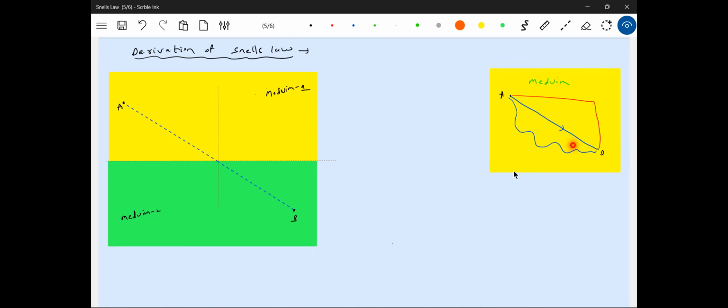So definitely it should be a straight line. Now what about here? The speed of light in the first medium will be v1, with refractive index mu1. Speed of light in the second medium is v2, and refractive index is mu2.